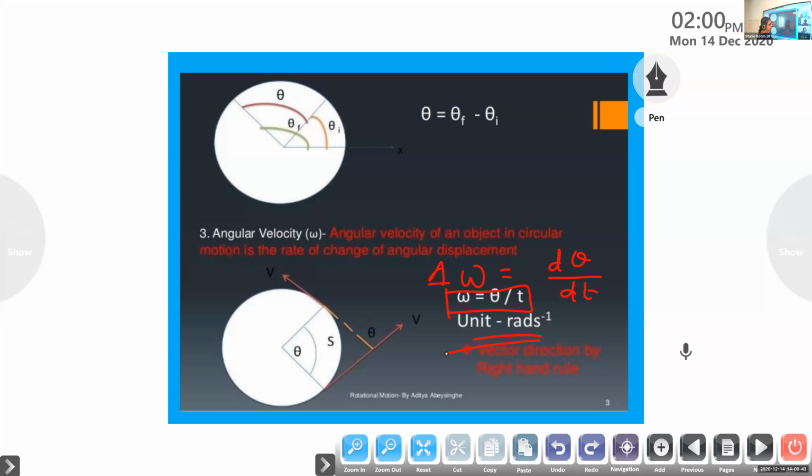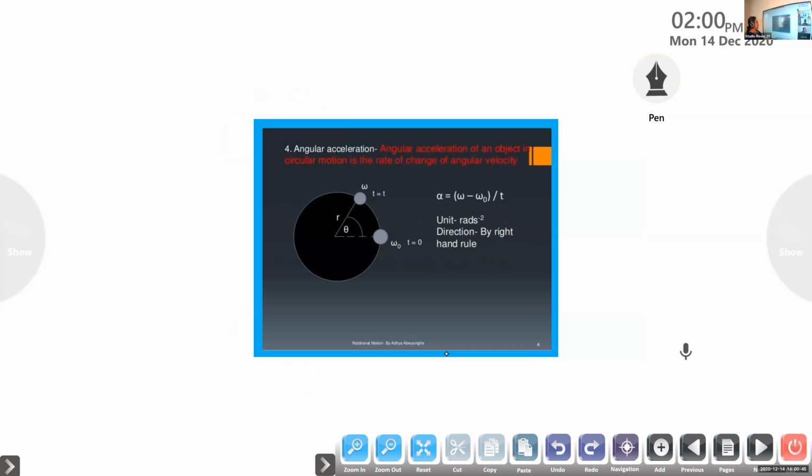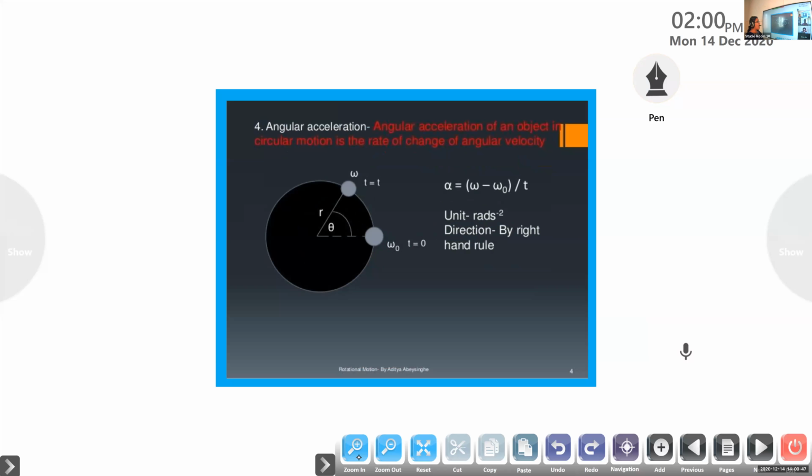I hope you have completed that. Then afterwards you have learned angular acceleration, alpha. Do you remember that? Alpha is equal to change in angular velocity by time, or we can say omega minus omega 0 by t.